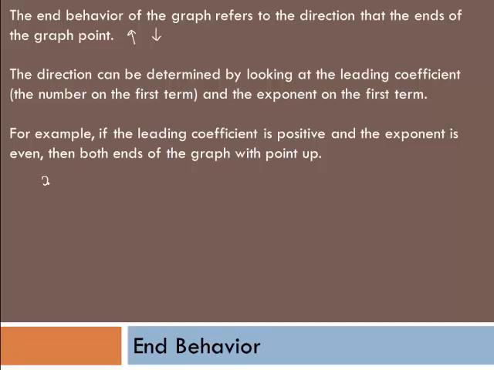So for example, if I have f of x is equal to 2x squared plus 3x plus 1, both ends of my graph will point up because I have a positive and an even.